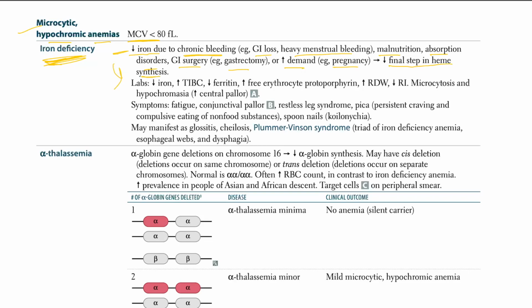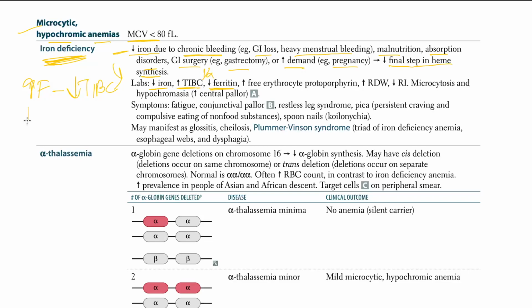Labs would show you decrease iron, increase in TIBC, and decrease in ferritin. And one thing here, TIBC is always inversely related with ferritin. So when the ferritin is increased, your TIBC will decrease.